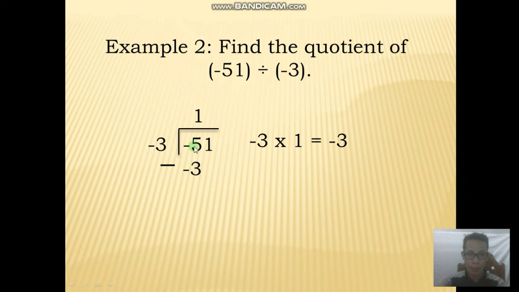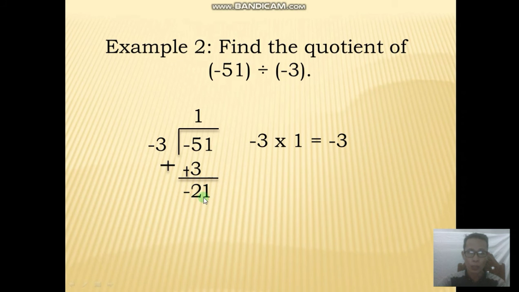We will keep this number, negative 5, and change this one into addition. Then, yung subtrahin natin, gawin natin positive. Then, proceed to the rule of addition. So, negative 5 plus positive 3, that is negative 2. Then, after doing this, bring down 1.